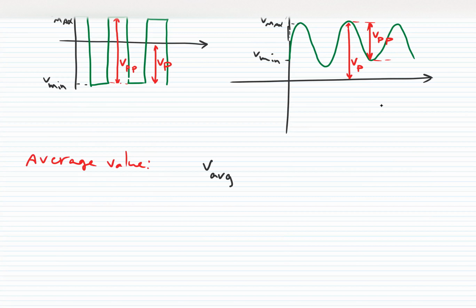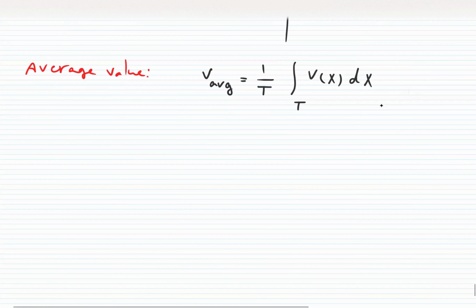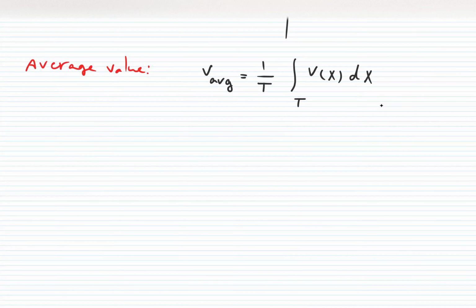V average, V AVG, is 1 over T, where T is the period of the signal, times the integral over one period of the signal, V(x) dx. So we calculate the integral of the signal for one period and then divide it by T, and the result is V average. So let's see V average in a signal.